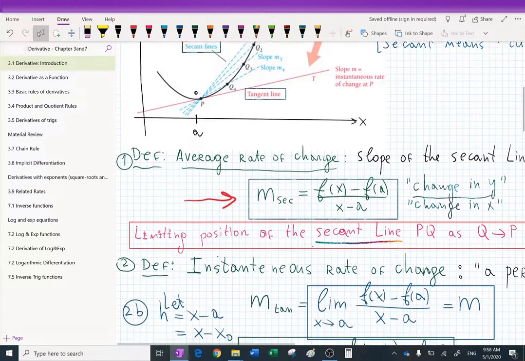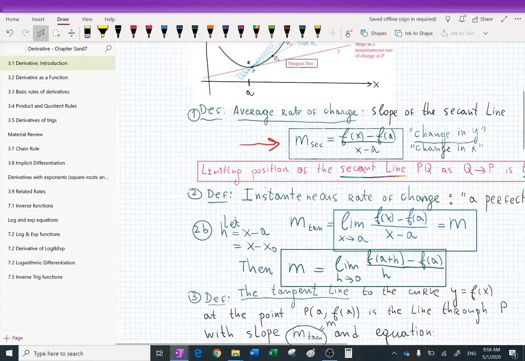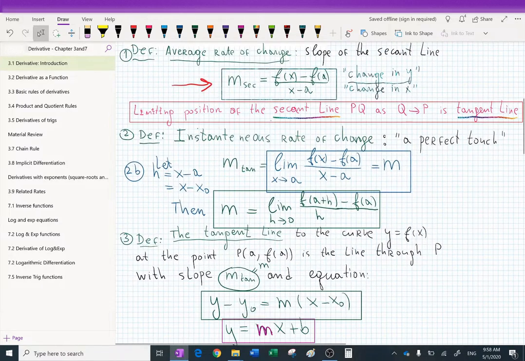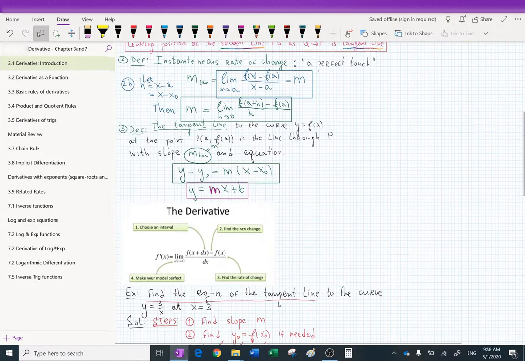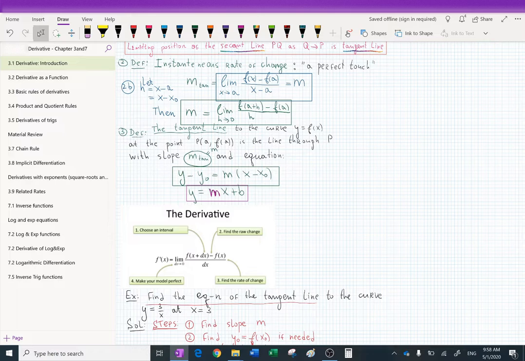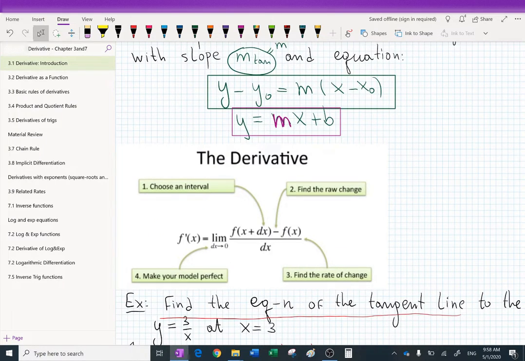And that's why the limit was handy here and helped us to define the idea of the derivative through the limit. And we were asking you to create the equation of a tangent line and so on. The idea of the derivative was introduced as the change in output over the change in input.